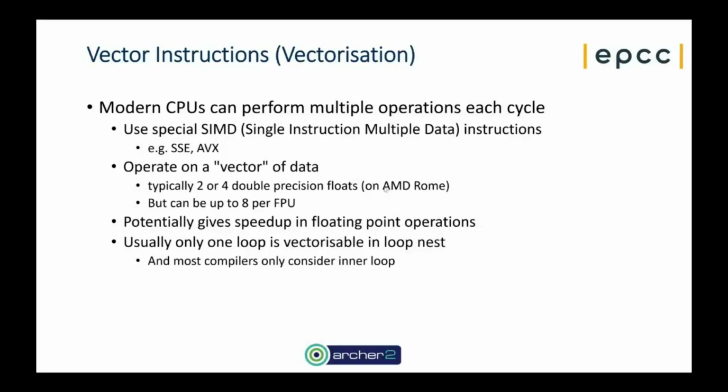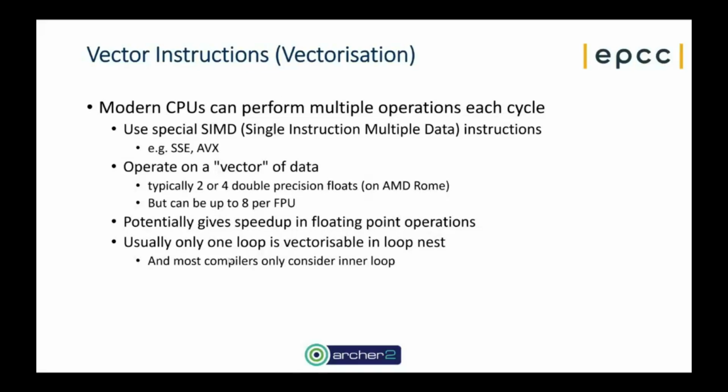These kinds of instructions have names because the instruction sets that implement them have those names. So you have things like SSE, AVX, AVX2, AVX512, and these are particular implementations of vectorization for particular pieces of hardware.